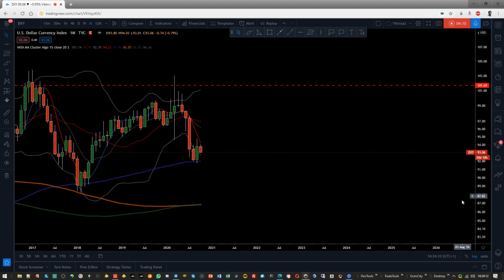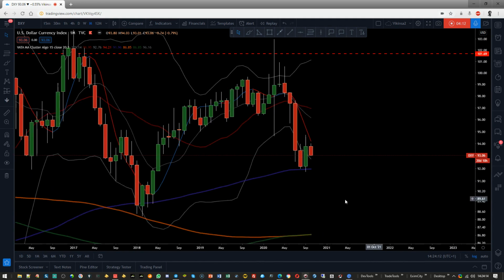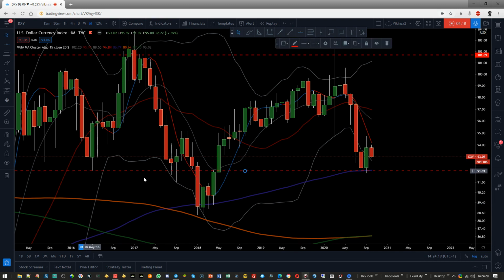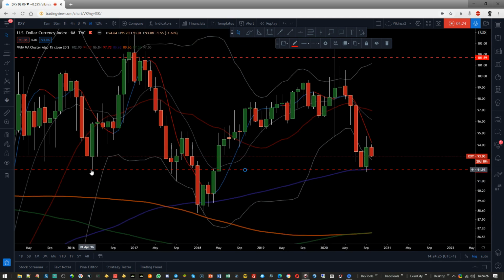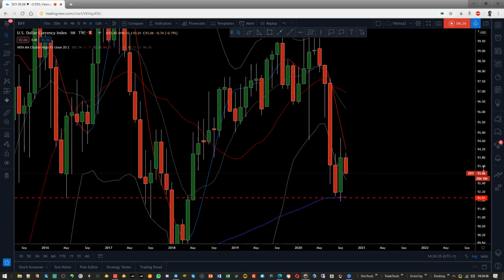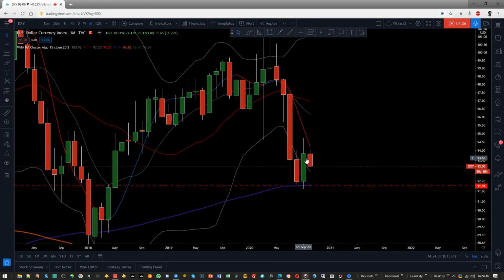Now, in my previous analysis around July and August, I said that the market was going to come to this level of 91.91, because we had this moving average right there, and a very good area of support, which also confluenced nicely with an M pattern forming there. That is why we were expecting the market to move upwards, and it did for the entire month of September.